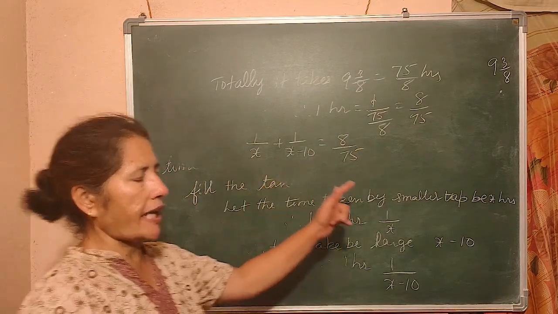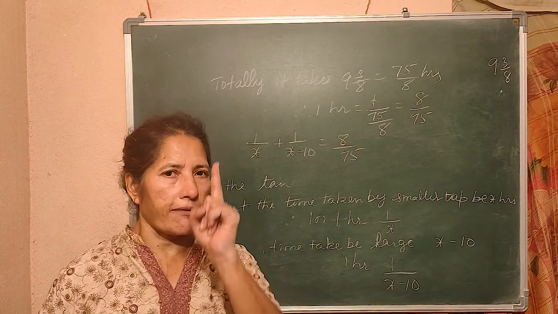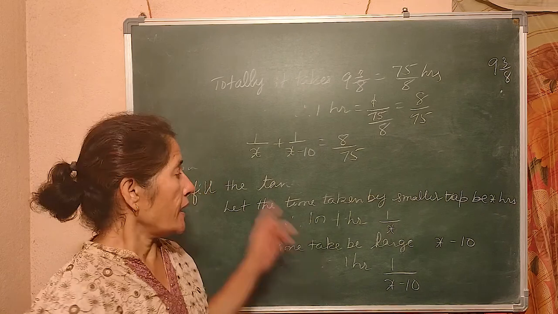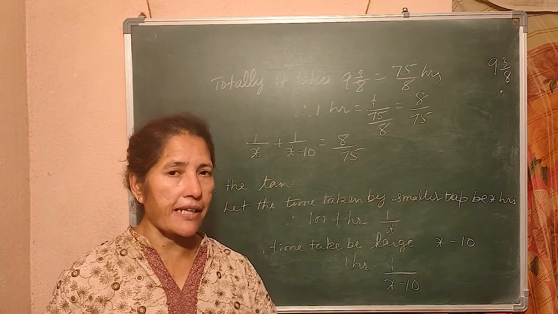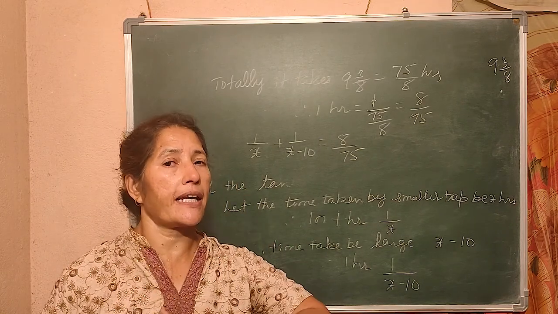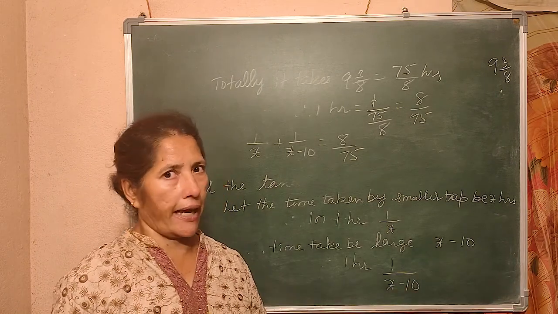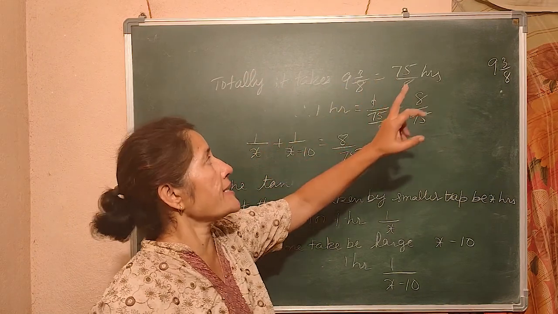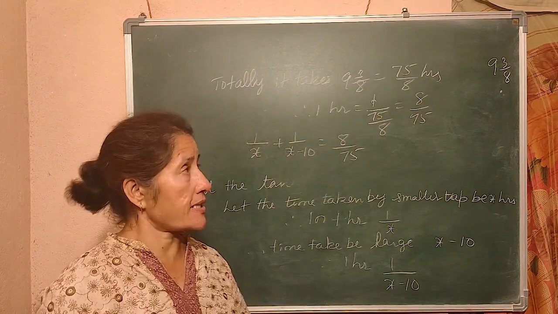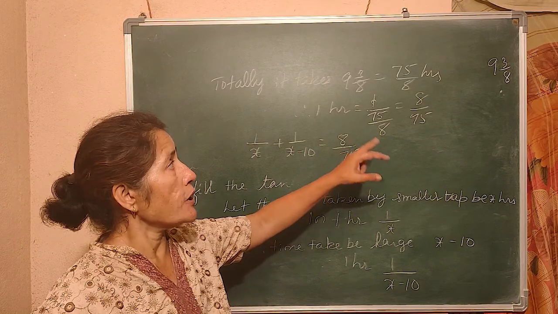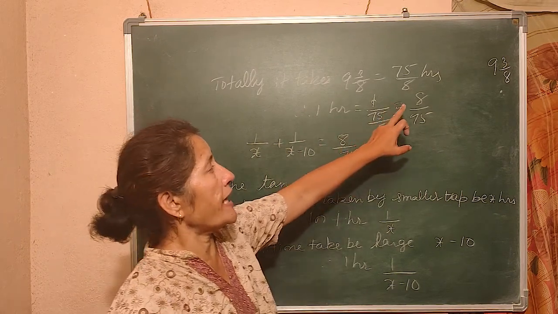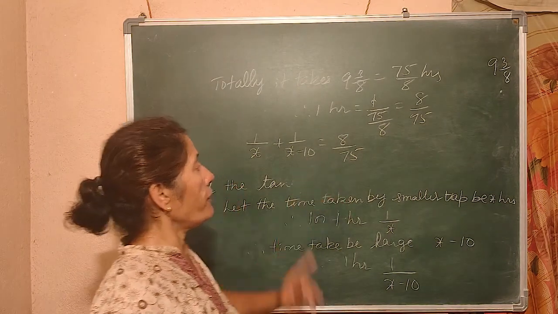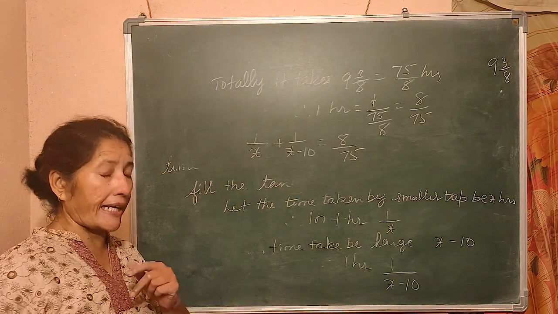The smaller tap takes x hours, so in 1 hour, 1 by x of the tank is filled. The larger tap takes x minus 10 hours, so in 1 hour, 1 by x minus 10 part of the tank is filled. Together, when they open, it takes 75 by 8 hours, so in 1 hour it fills 8 by 75 of the part.